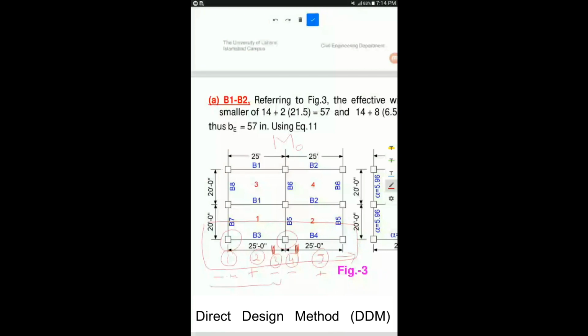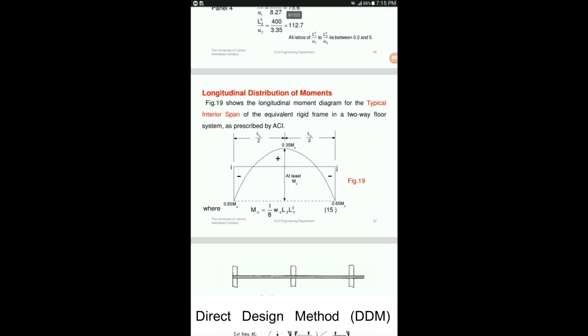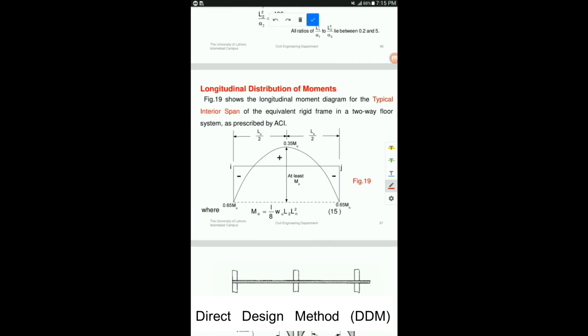For the first 3 locations, we have to select a particular case. Once you have selected a particular case according to your situation, you will get coefficients for these. For locations 4 and 5, we have typical values. I'm just going to show you right now. This is for location 4 and this is for location 5.